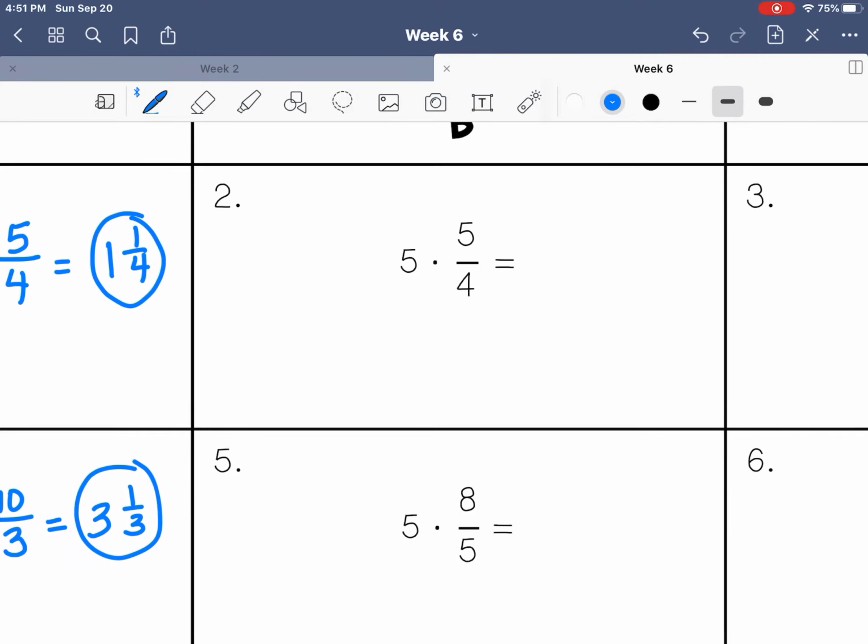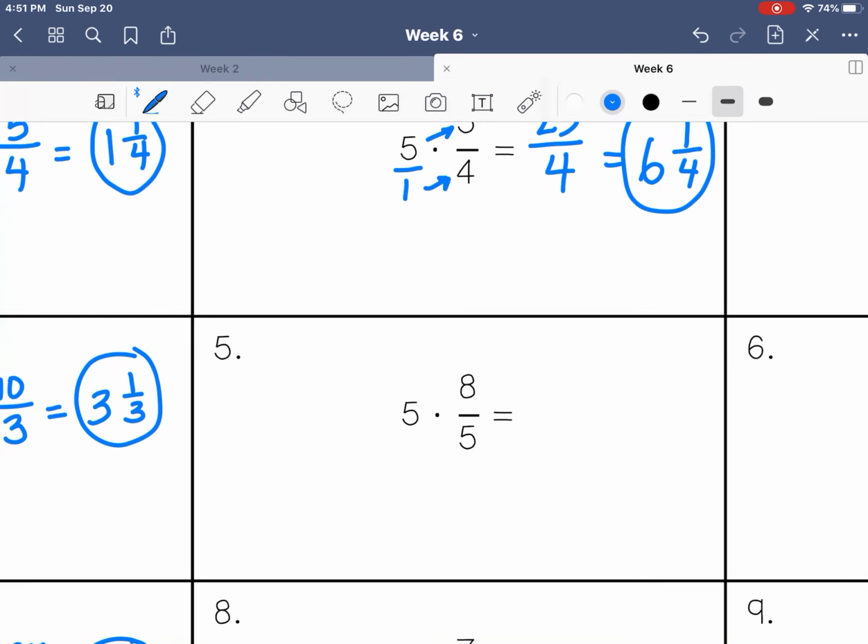Column B. Multiplying still. Everything's multiplied by 5, so I'll change this to an improper fraction by putting it over 1. Multiply numerator times numerator and denominator times denominator. 5 times 5 is 25. 1 times 4 is 4. 25 divided by 4. 4 will go into 25 6 times with 1/4 left over. 5/1 times 8/5.